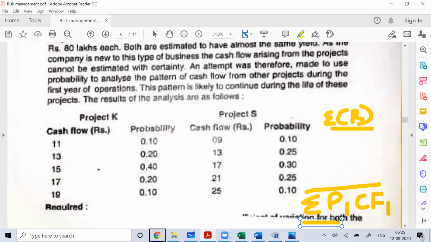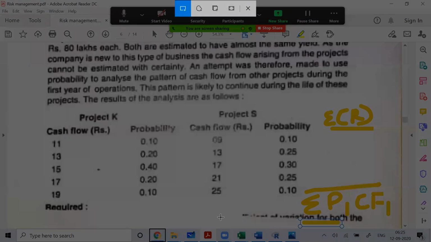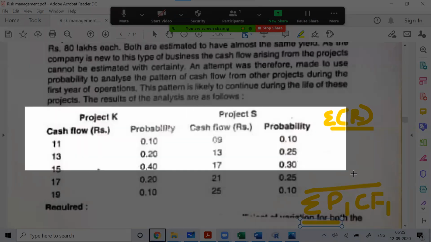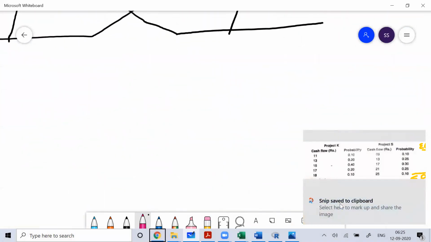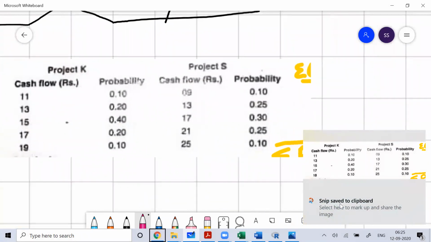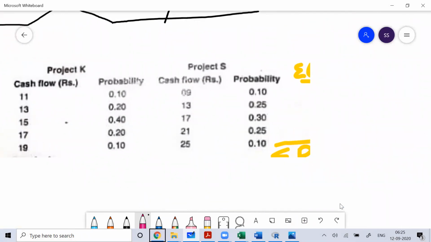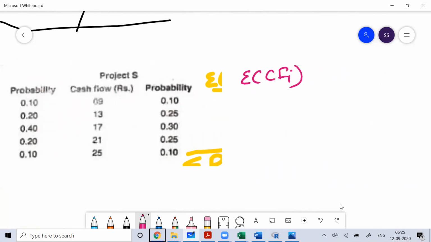I'm just repeating it for your basic understanding. Here I'm using the word return, you can also use the word cash flow. So the expected cash flow is nothing but the sum of each probability times the individual cash flow.